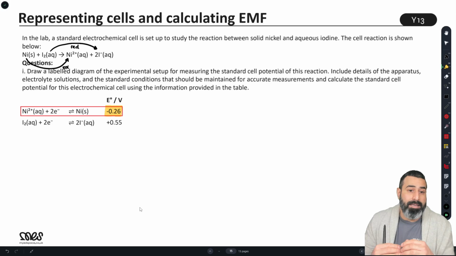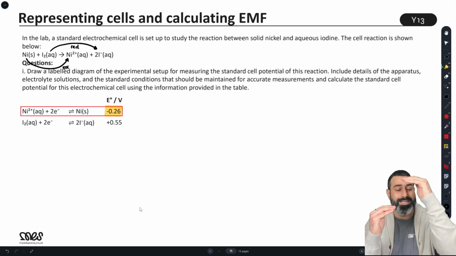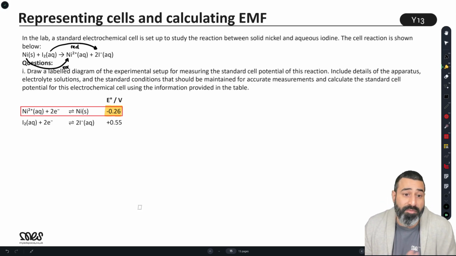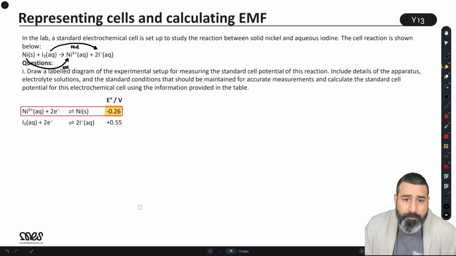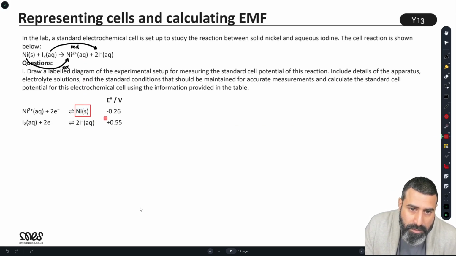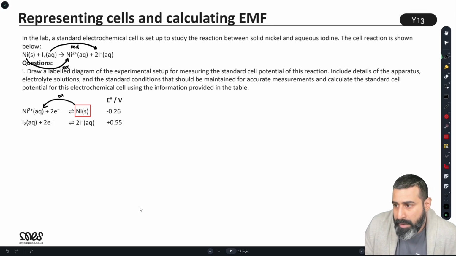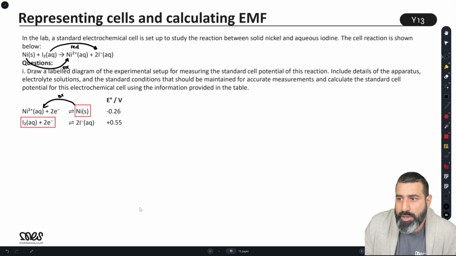The flip side of that is I2 is more positive than the hydrogen electrode, so it's more likely to accept electrons. So that means the equilibrium for the I2 is going to be over to the right-hand side. So what is happening? The nickel is going to be oxidized, and the I2 is going to be reduced.